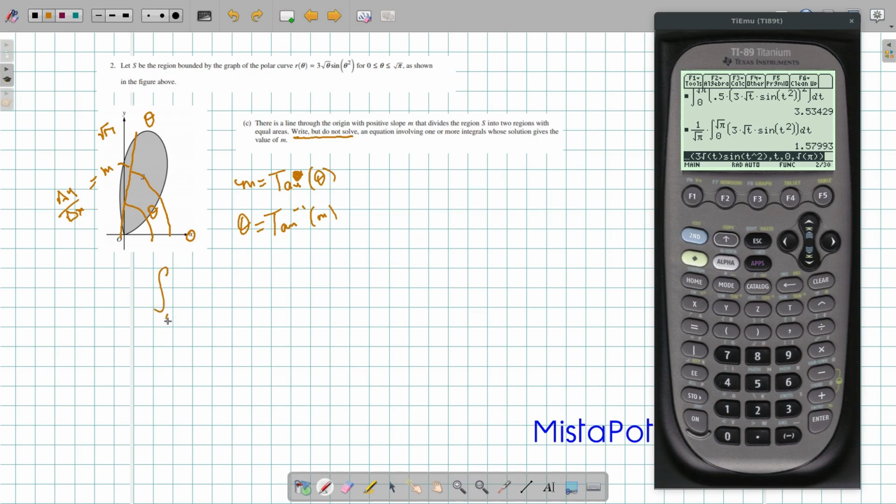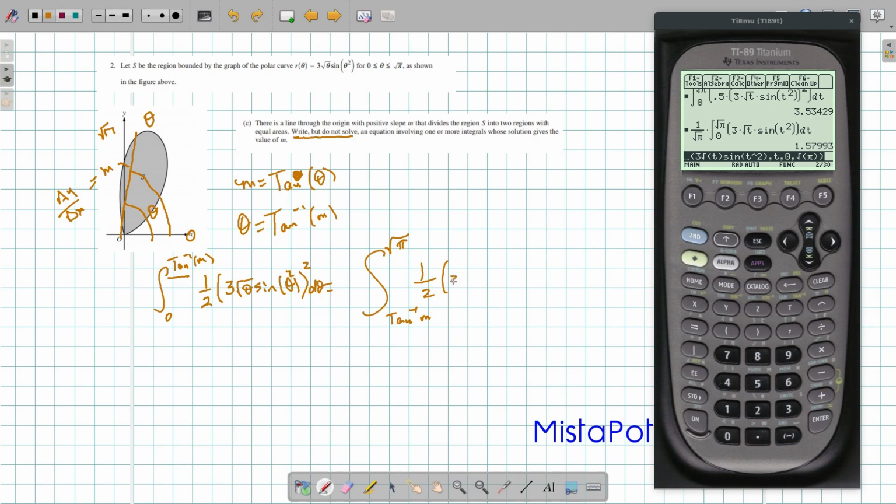So the integral of 1/2 r squared, 3 square root of theta times the sine of theta squared, going from 0 to tan inverse of m, has to be equal to the integral from tan inverse of m to the square root of pi of this exact same integrand, d theta.